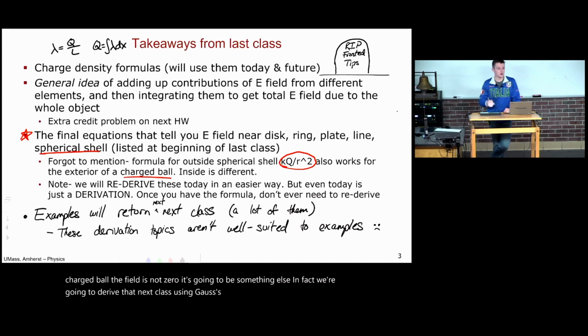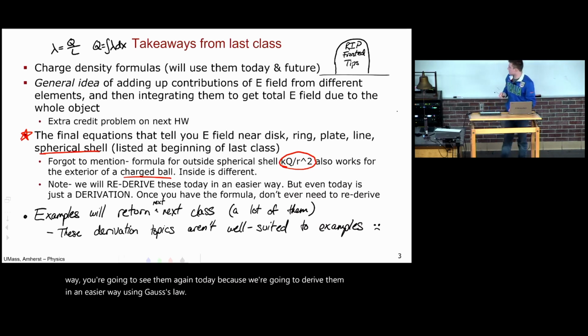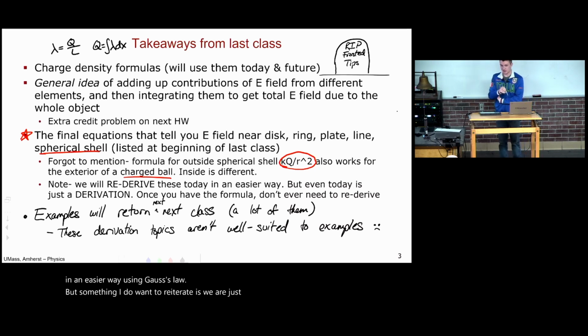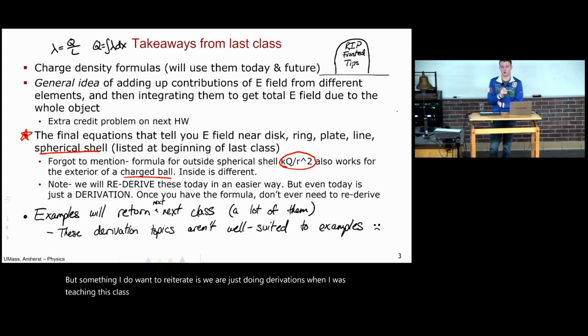Even those equations from last class, which were derived in a really hard way, you're going to see them again today because we're going to derive them in an easier way using Gauss's law. But something I do want to reiterate is we are just doing derivations. When I was TAing this class last semester, people were re-deriving the formulas every time they met a charged disk or every time they met a charged line.